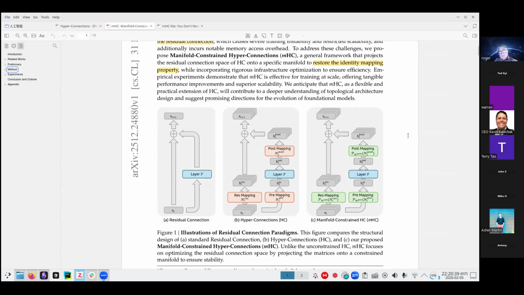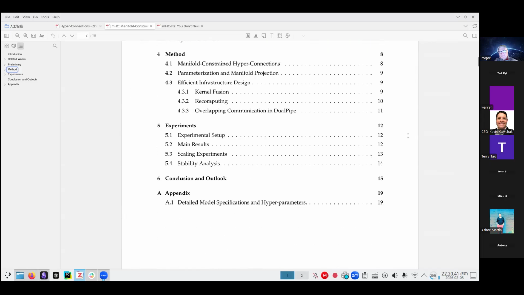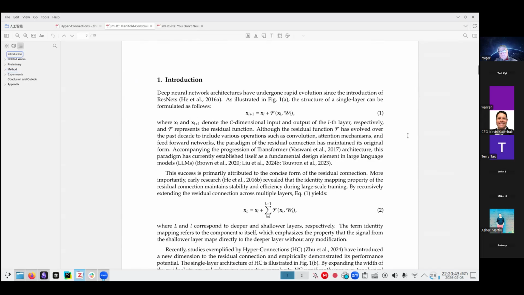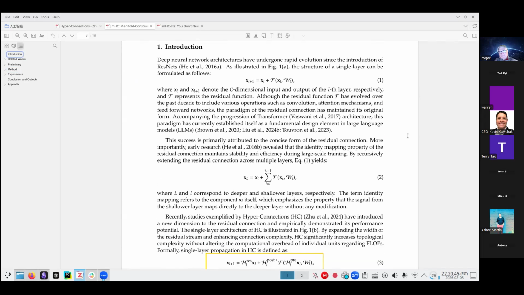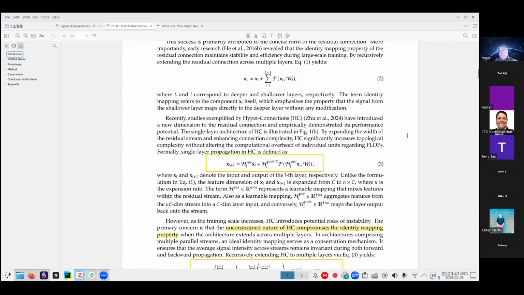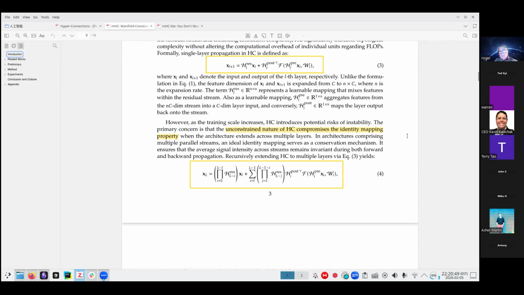Okay, these are all the introductions that have been covered in the hyperconnection paper. This is the same formula as in the hyperconnection paper, and they expand it by multiplying the matrix out.